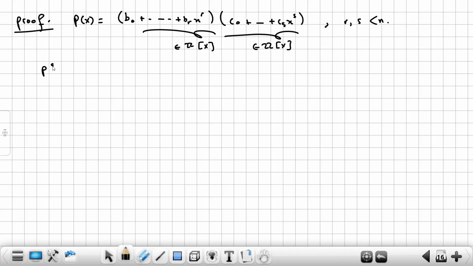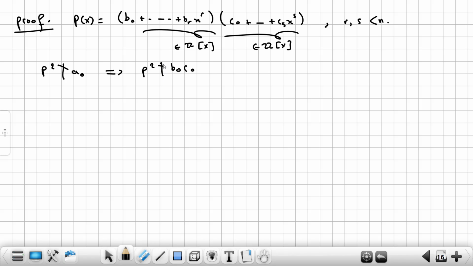Now we have p squared does not divide a0. a0, if you expand, is equal to what? b0c0. So this implies that p squared does not divide b0c0. Okay, but we know that p divides a0.